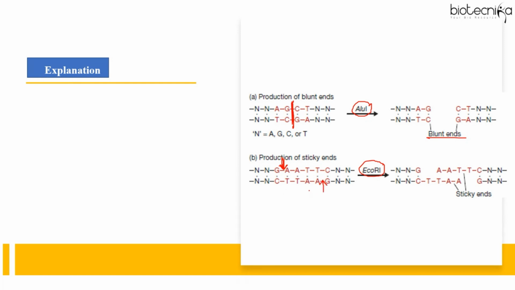The ends generated have an overhang region, which is single stranded. We call these sticky ends or cohesive ends. Why cohesive or sticky? Because they stick back by transient base pairing. You can see G can pair with C, T can pair with A, and so on.